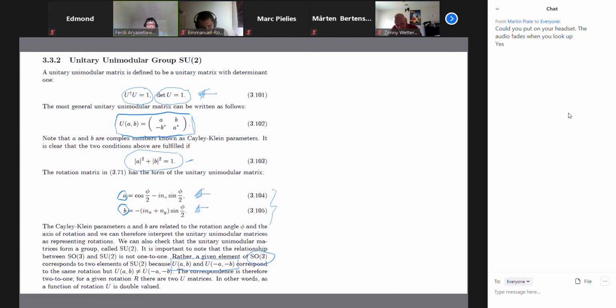So you have the same axis and the same angle in real space. So the connection between these two groups, SU2 and SO3, is not one-to-one, but one-to-two or two-to-one, depending on how you see this.